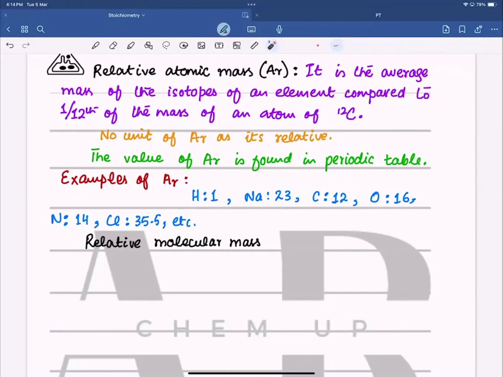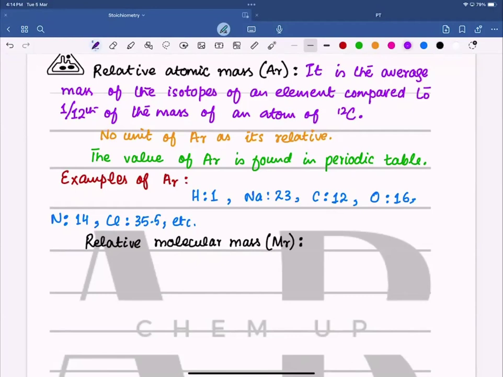Okay. So next we have relative molecular mass, and we call it MR. Okay.